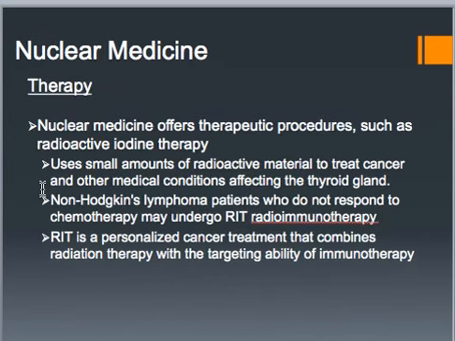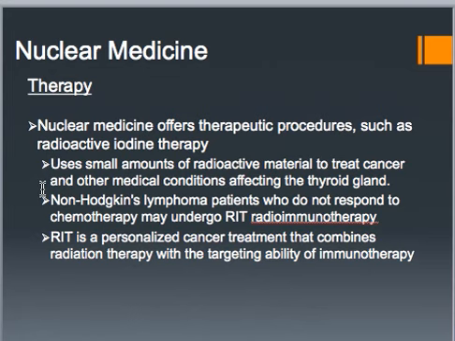Nuclear medicine also offers therapy procedures, so they can do therapy instead of just diagnosing patients. RIT is radioimmunotherapy, which is a personalized cancer treatment that combines radiation therapy with immunotherapy.